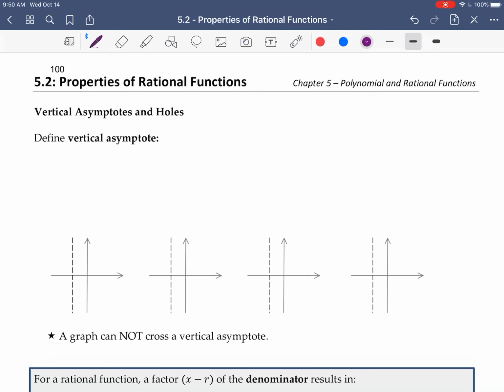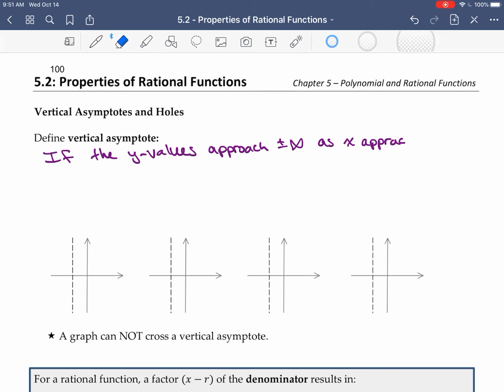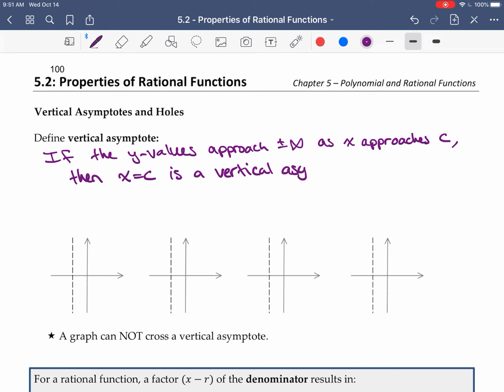So to define a vertical asymptote: if the y values approach plus or minus infinity, so they get really large, as x approaches some number, let's say c, then x equals c, which gives the equation of a vertical line, is a vertical asymptote in the graph.